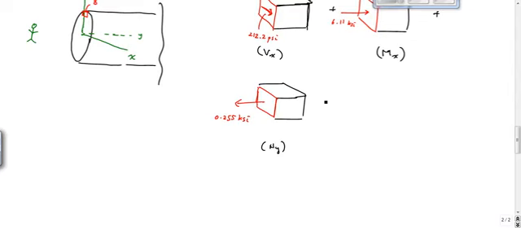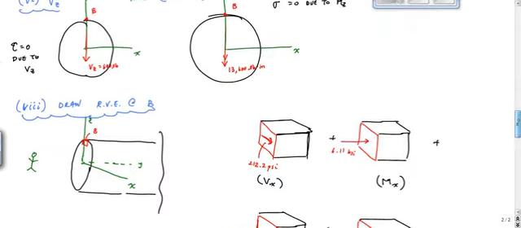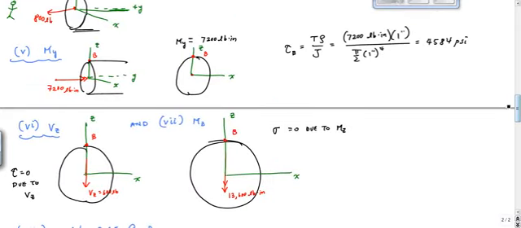Then, and last but not least, the moment about Y. Like this, right here. The moment about Y right here. And that moment about Y, just because it was close, is going which way? We have the torsion here, meaning that the torque is going like this.